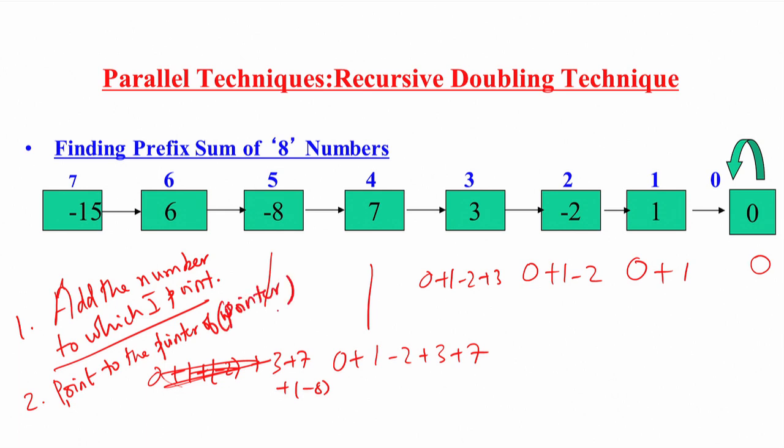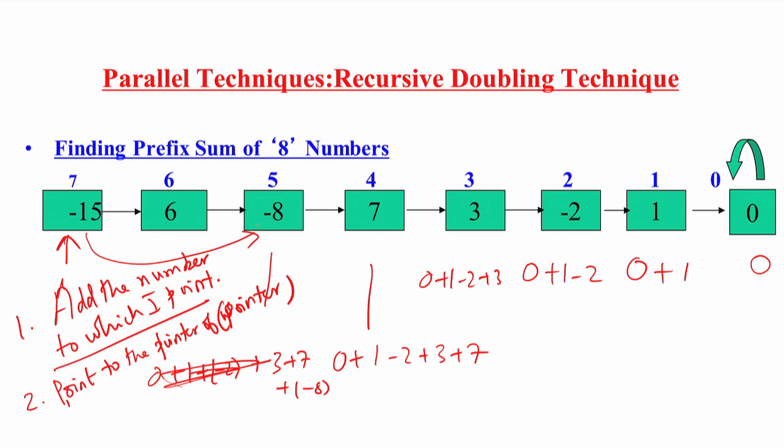For example, I will add 6 to minus 15, so that means you get minus 9, and it will now point to 5. So 7 is pointing to 6, 6 is pointing to 5.